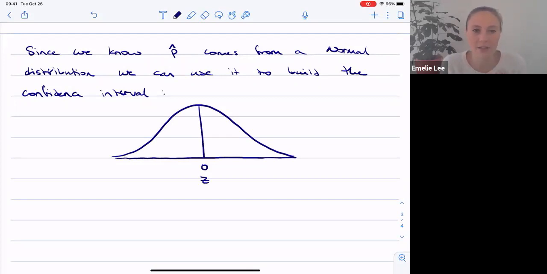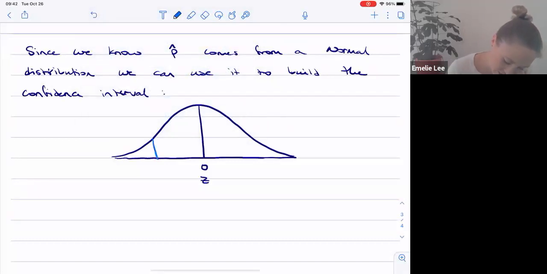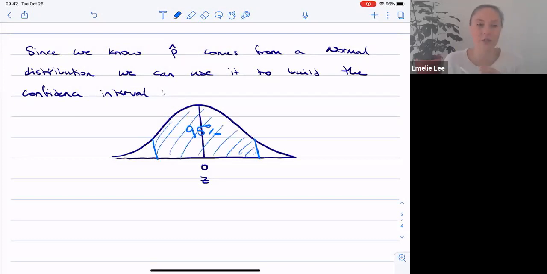and so I can look at the Z scores, and what do I want? What do we want? We want 95%, the central 95%. How can we do that? Well, we have a pretty good idea from the empirical rule, right? The 68, 95, 99.7 rule.